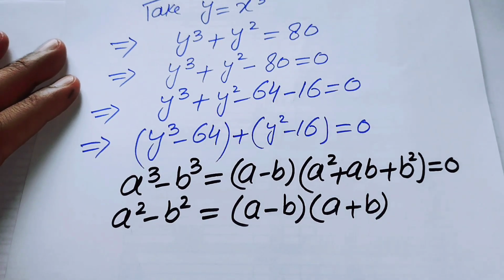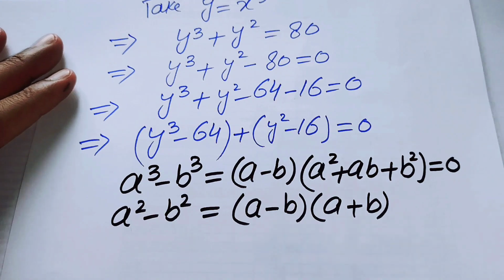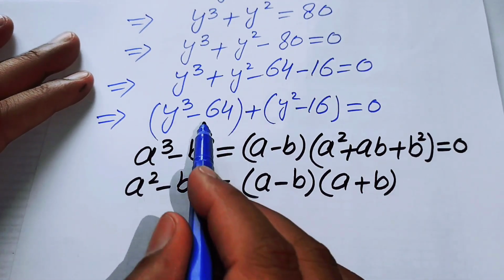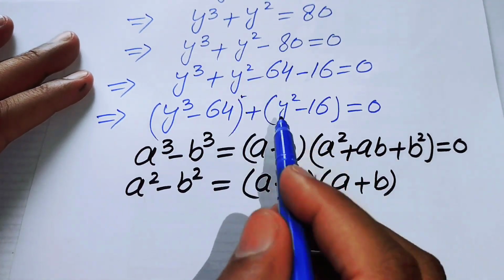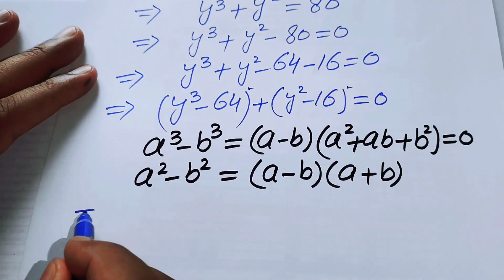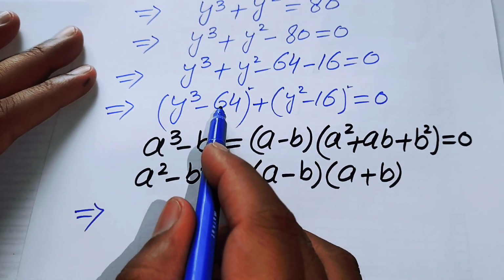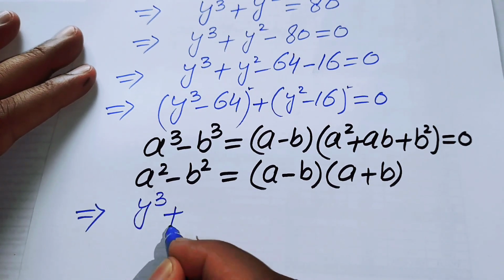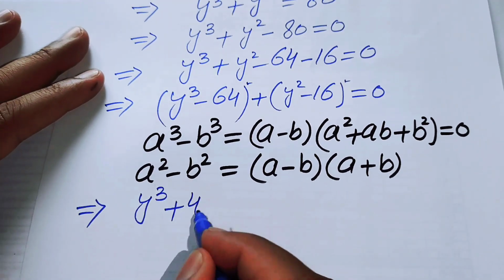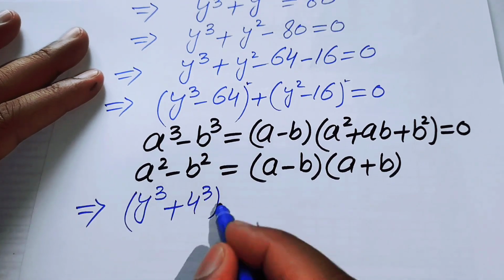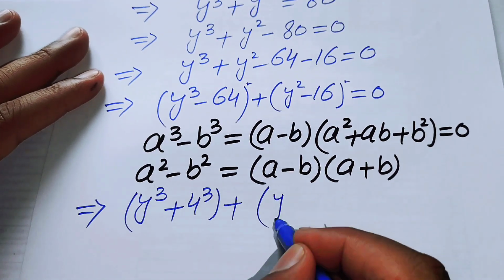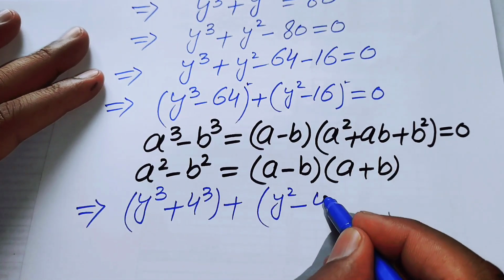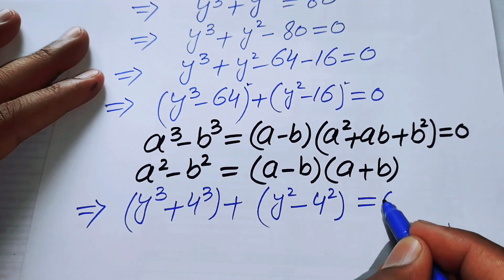So here I can apply these two formulas, first in this term and after that in this term. Firstly we have this 64, and I can write this 64 as 4 cubed, and plus we will write this 16 as 4 square is equal to 0.